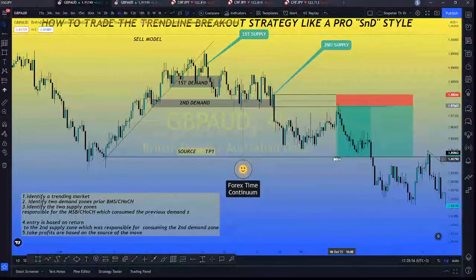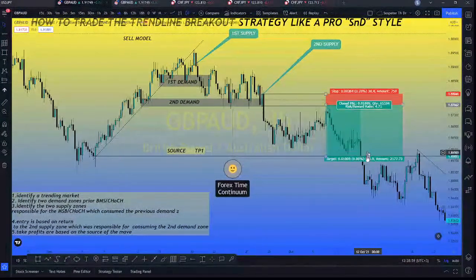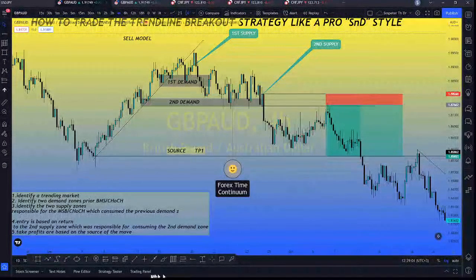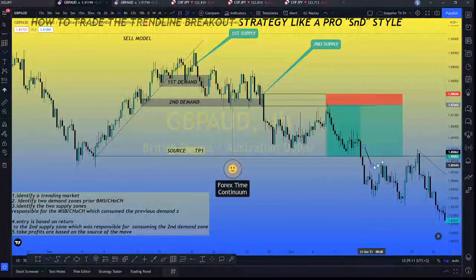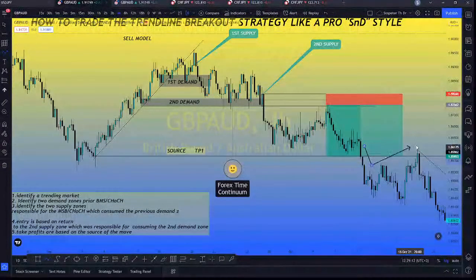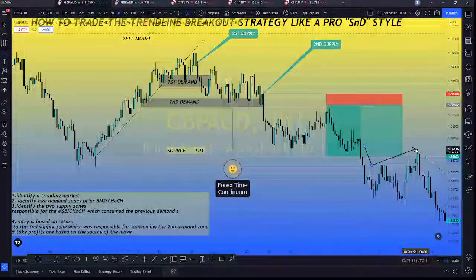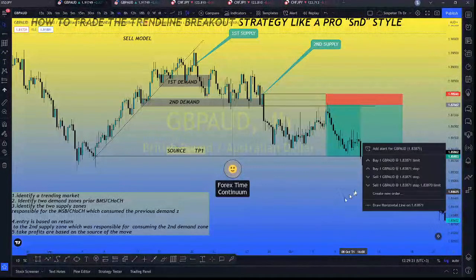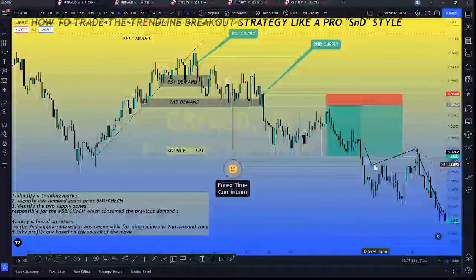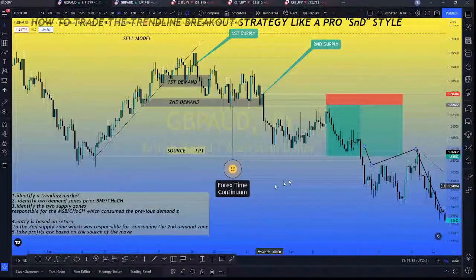As you can see, the market broke the structure here. It's this simple, guys. I've not hacked anything. You can see the market broke structure and it retested there, and then continued to drop. Make it simple, don't complicate things. This is one of the strategies I find easy to trade.